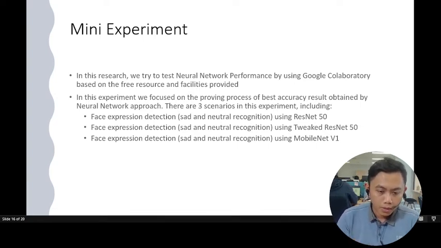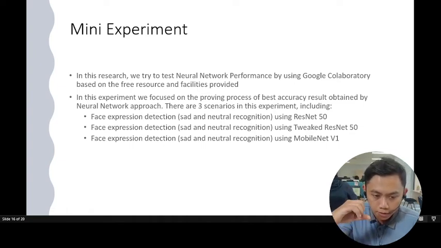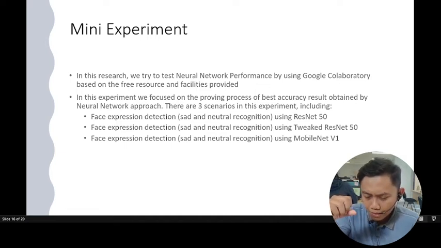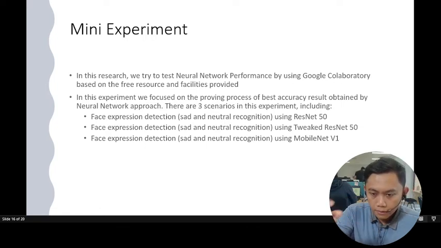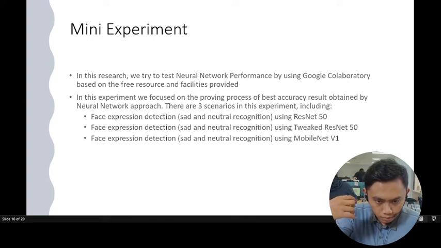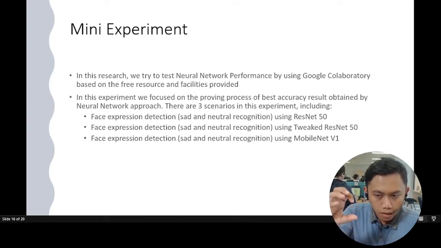There are three scenarios in the experiments. The first scenario is face expression detection, sad and neutral recognition using ResNet 50. For your information, this research is using the FER 2013 dataset. There are more than 1 million data in FER 2013, and we do not use all of the data.